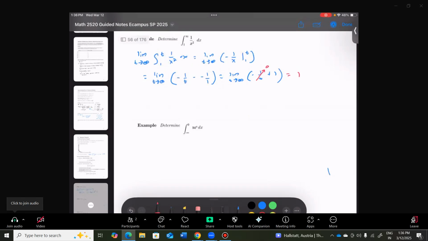So we replace the infinity sign with t in order to do the antiderivative and the limits, and then we let t go to infinity. That's basically the process, not much different than taking an integral with a variable in the limits.